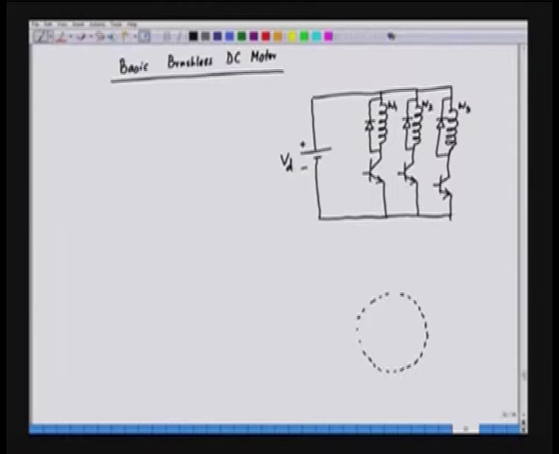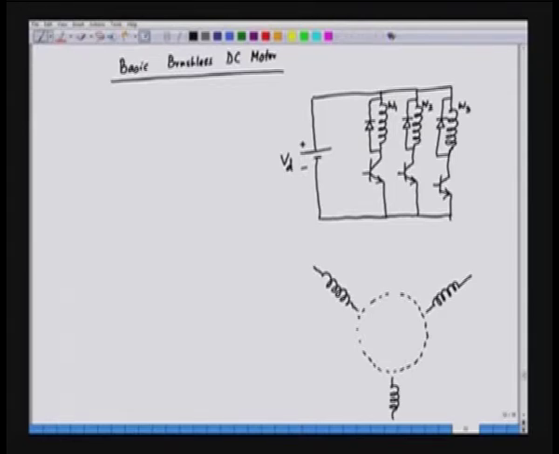We have the rotor, and the phases are arranged in the following fashion. One winding is here, the other winding is 120 degrees away from this, and the third winding is again 120 degrees away from the other winding. So, this is how the windings are arranged.